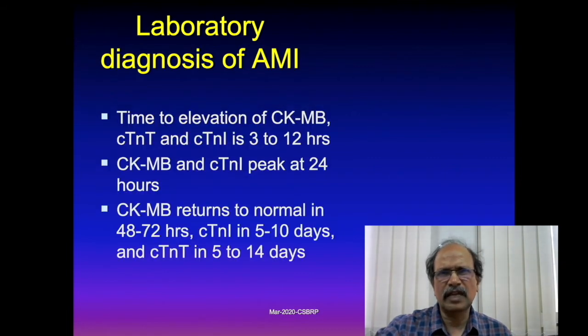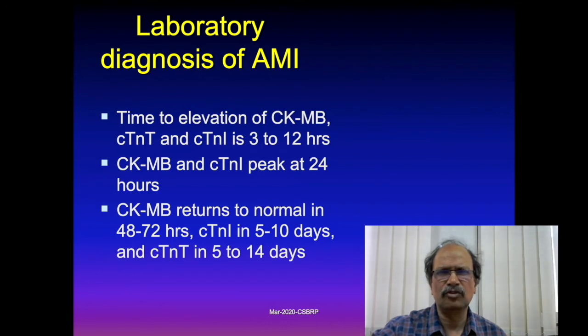The time of elevation of CKMB and troponins is almost the same. That means they start elevating within 4 hours, reach a peak, and then start dropping. What you should remember is that CKMB and troponin are equal in their start of rising with respect to time.